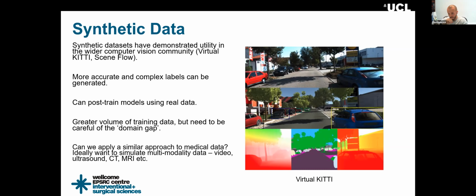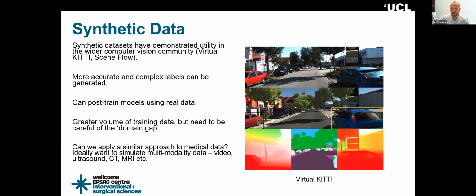I think with medical data, because you don't have that training data, the trade-off isn't quite as important, because sometimes it's either train on nothing or train on something that at least approximates the real-life application. And it's quite common to train on synthetic data and then post-train on some real data if you have it.